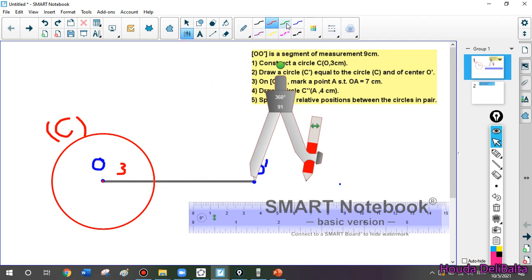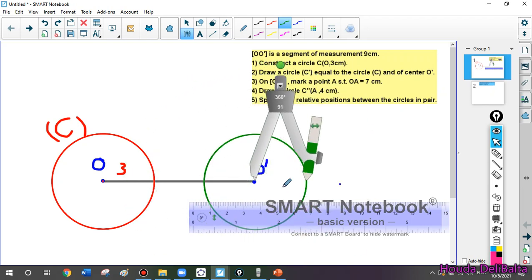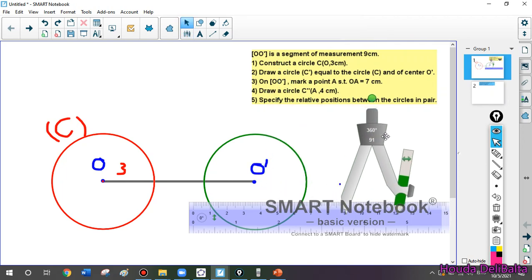I take the green color. Okay, so I need to draw a circle of center O prime and radius also 3 because it's equal to the circle C of center O and radius 3.